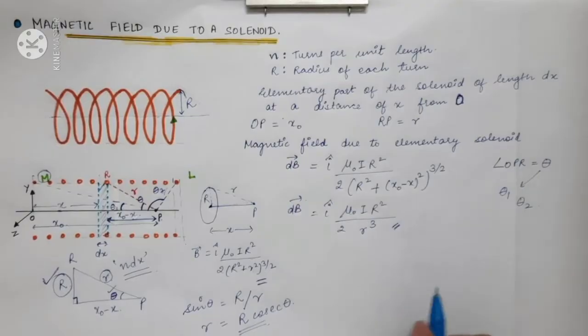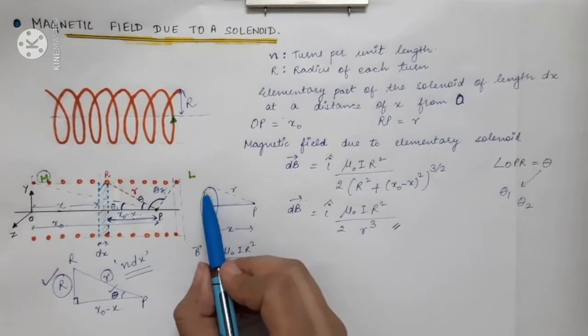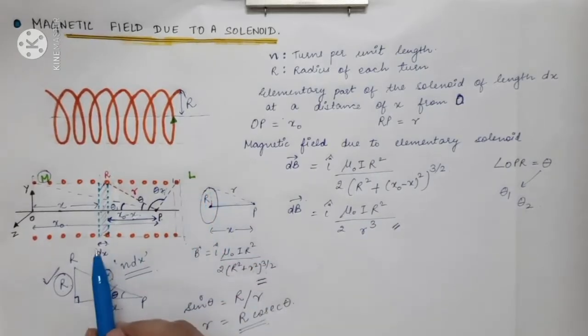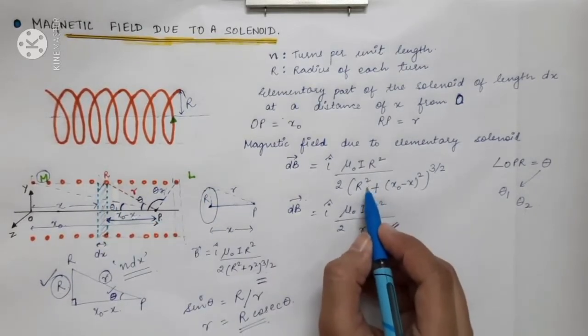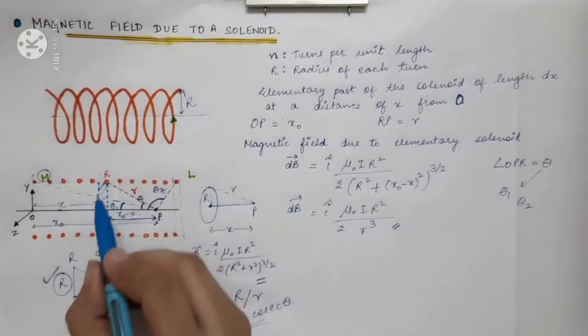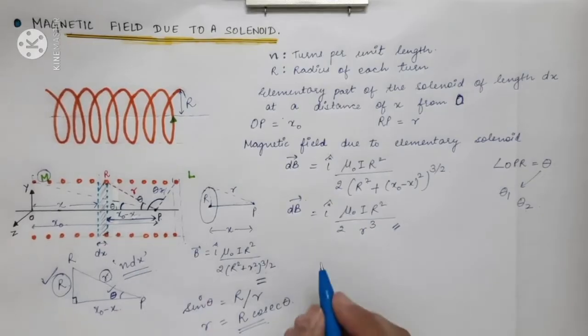Now one more thing over here. We have said that this expression of magnetic field is just because of a single circular coil. But over here, this magnetic field is due to this elementary part of the solenoid, and in this elementary part we have n dx number of turns.